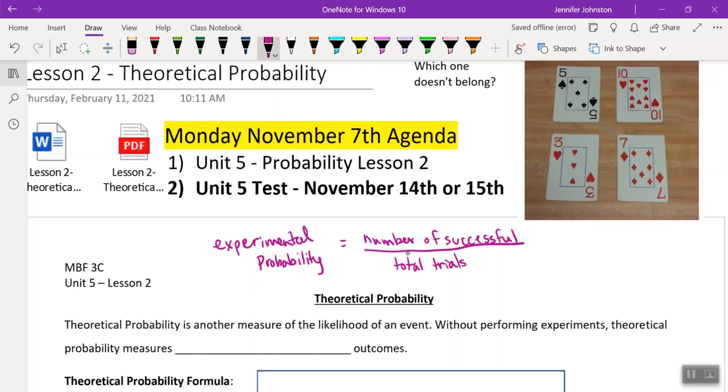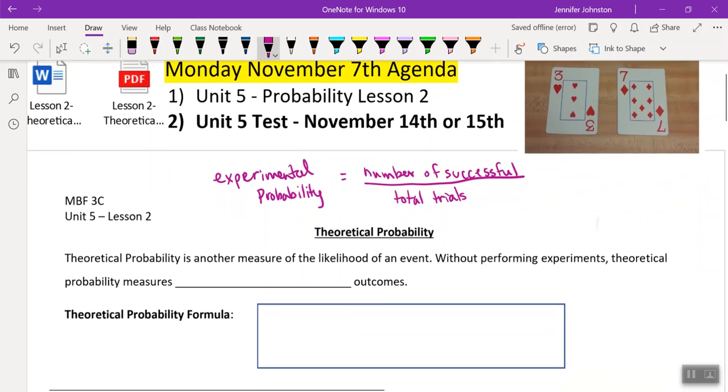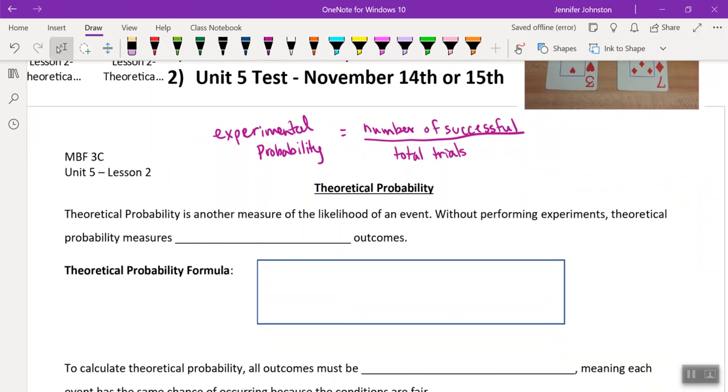Here you could roll it so many times and get no successes. The trials is totaling up, right? You can roll 2 dice 20 times and then only get snake eyes once. So 2 ones, 1.